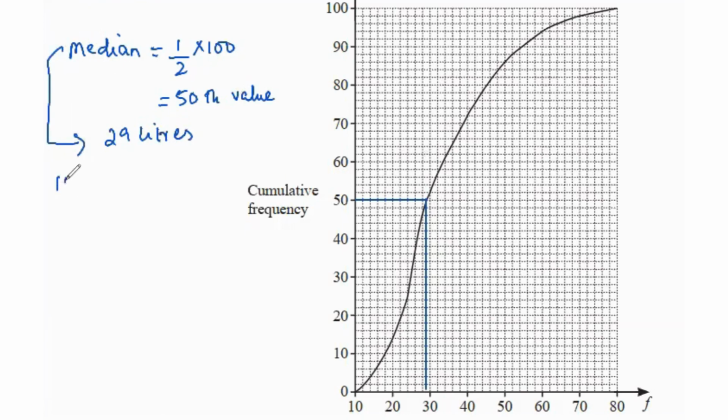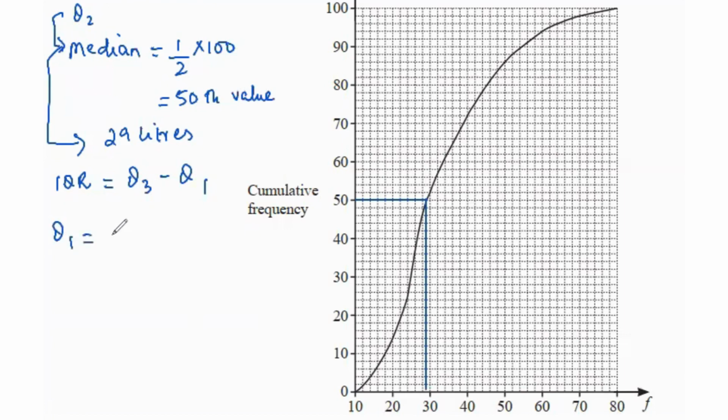Then for the interquartile range, we basically do Q3 minus Q1, which is the upper quartile minus the lower quartile. The median was your Q2. So first find the lower quartile Q1.